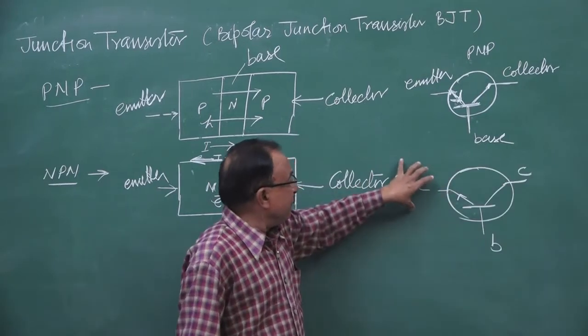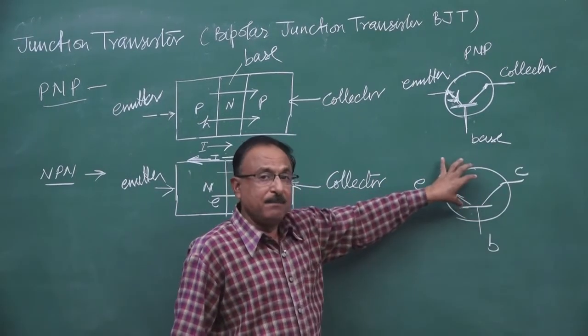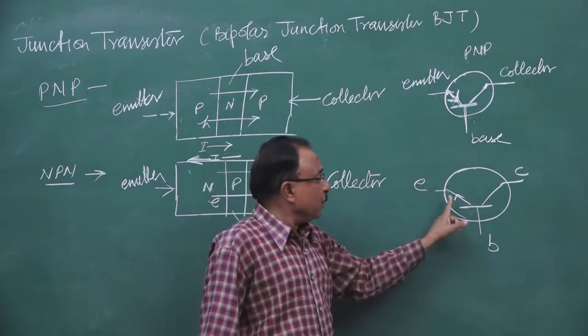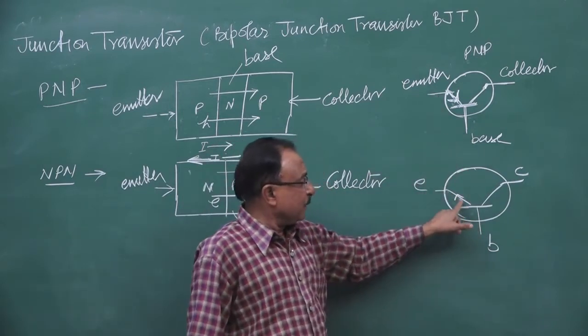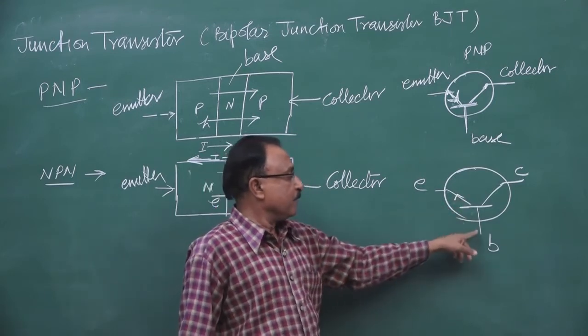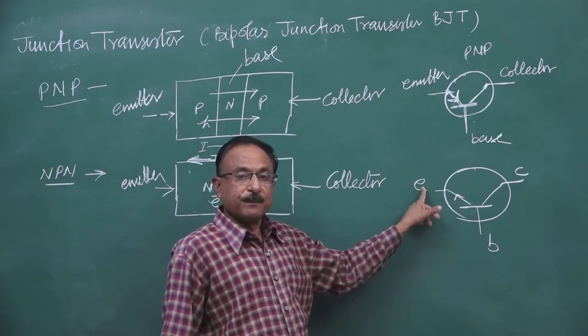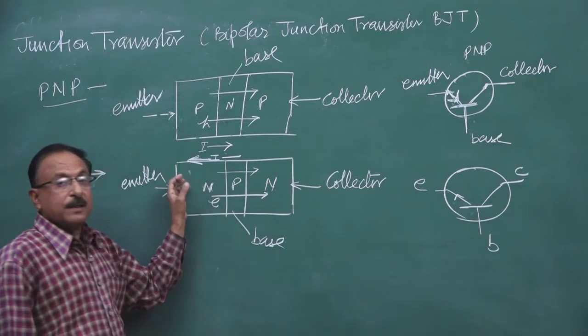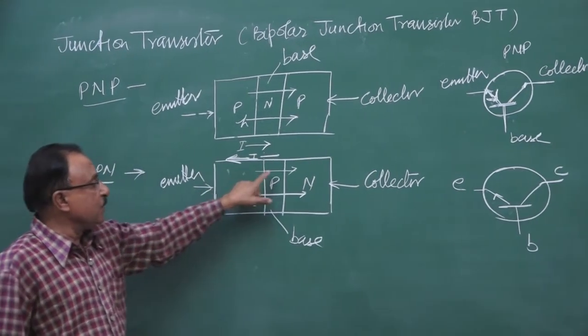In the NPN type transistor, we have the symbol same as that of the PNP. The only thing is that this time, on the emitter line, the arrow is marked outward, from base to emitter, right? Why is it marked outward? Because in the NPN, what are the majority charge carriers flowing from emitter to base?